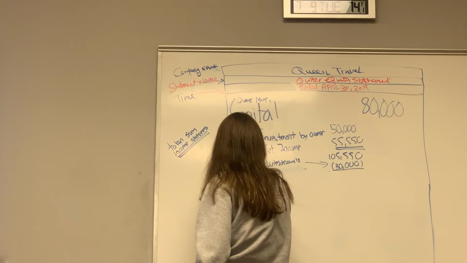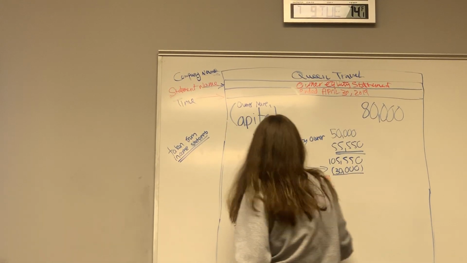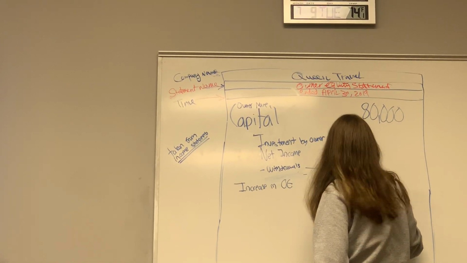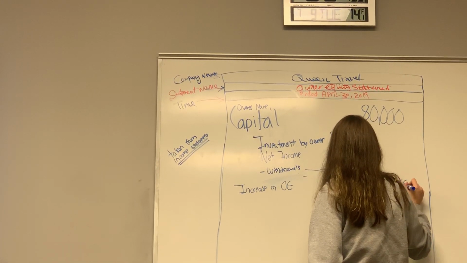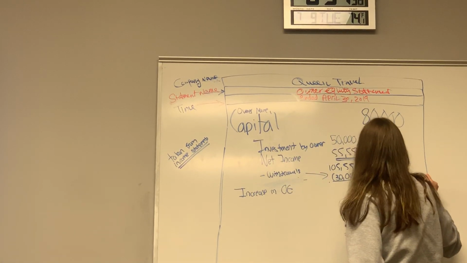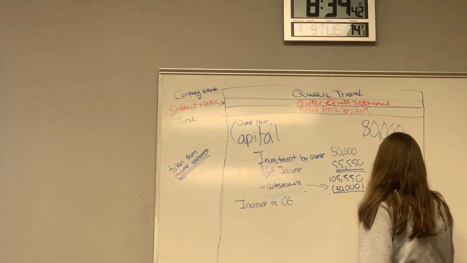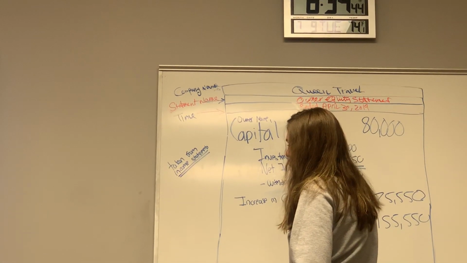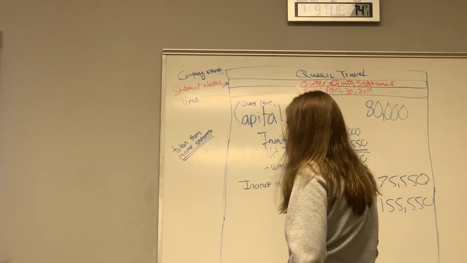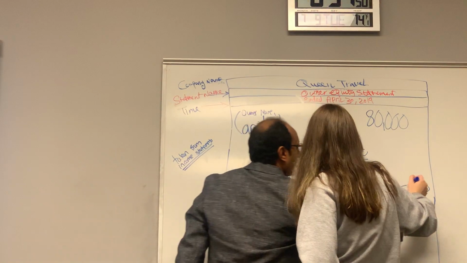Did you see? 75,550. So you're just adding up all those numbers, the same way as in the income statement. Put the capital on the right side, count each number on the left side, and put the total number, 75,550.